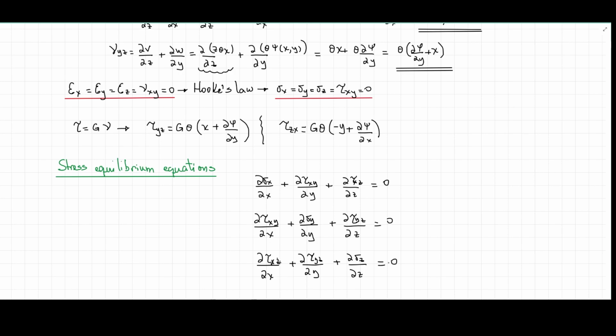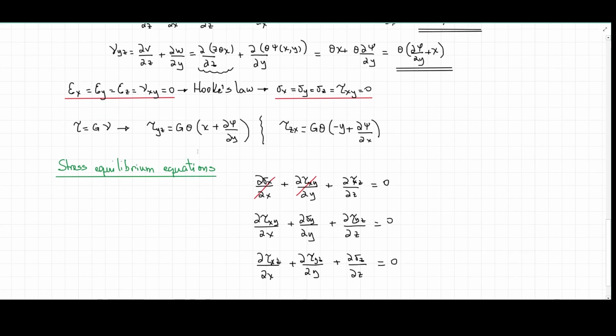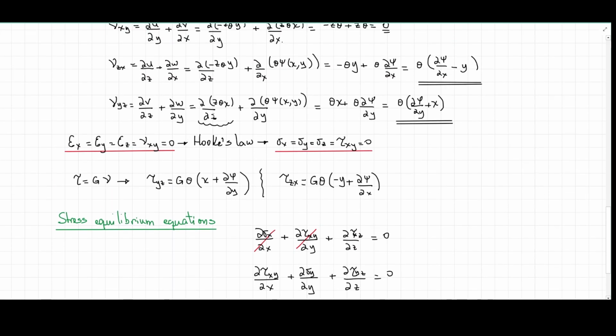Now let's analyze which terms exist and which do not. I'm going to mark with red those that are 0. I know that this is 0 because there is no normal stress. This is also 0, and this is also 0 in this sense. Mark it like this, x, z. Well, this is not 0. However, this equation doesn't do much here. Or actually, let's review this sigma yz.